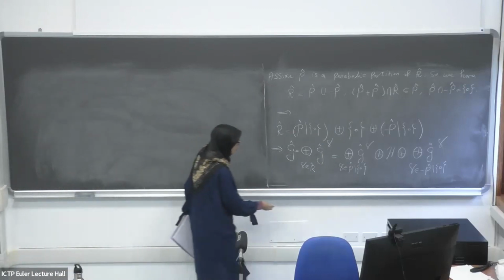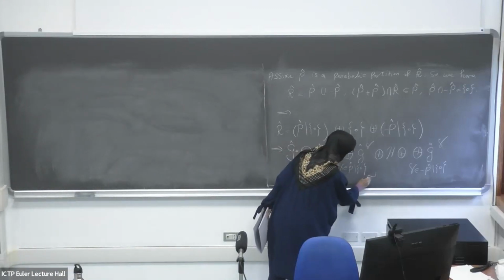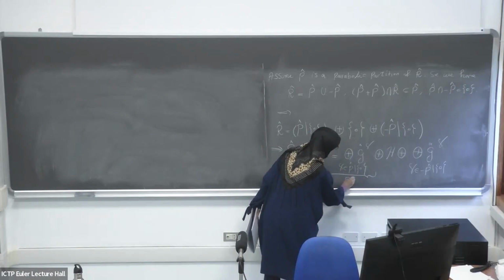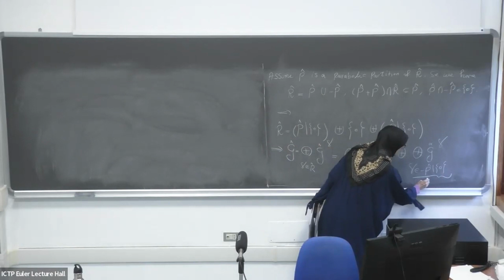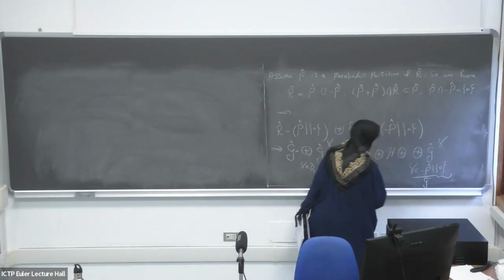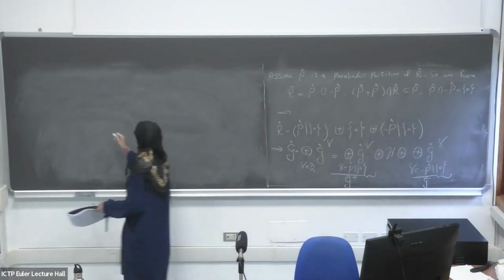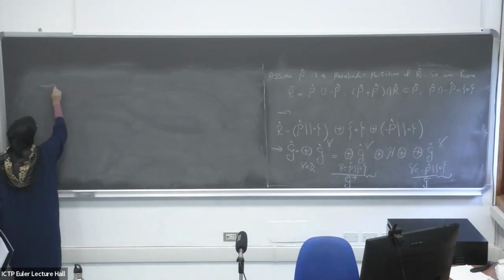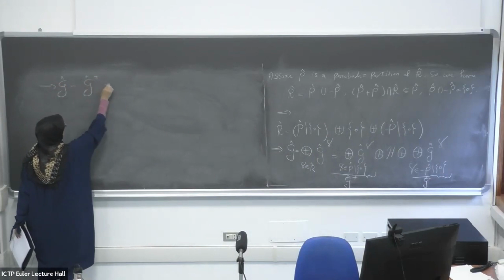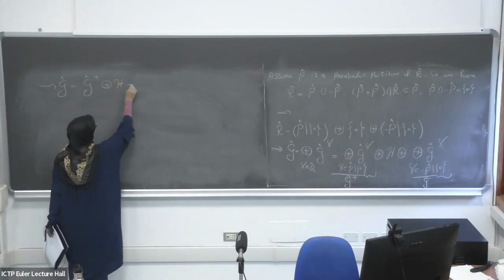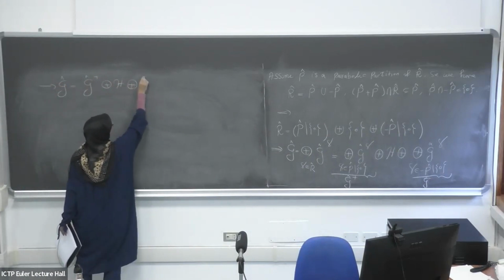And let's call it G hat plus. And this part, G hat minus. So, G hat plus direct sum H direct sum G hat minus.